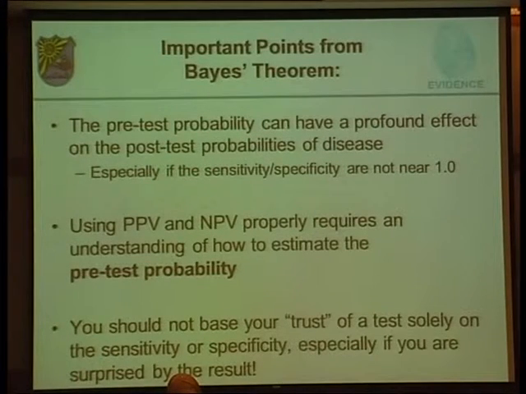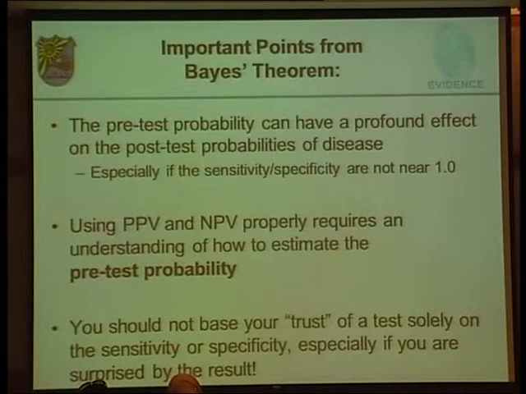What Bayes' theorem says is that the pretest probability can have a profound effect on the post-test probabilities of disease, essentially, okay? Especially if the sensitivity and specificity are not near 1. The closer they are to 1, the less effect the pretest probability has. But if it's not near 1, the pretest probability has a very, very profound effect on the post-test probabilities.